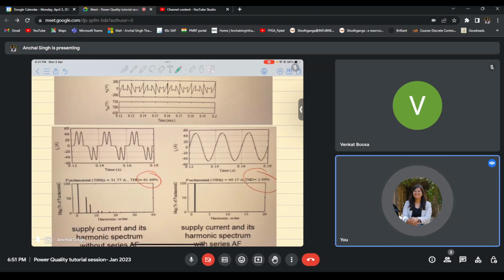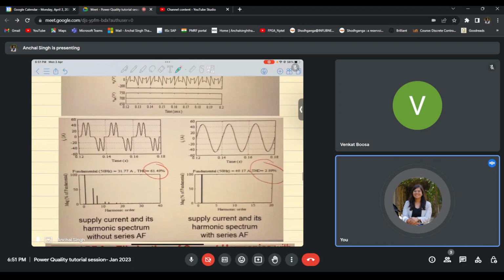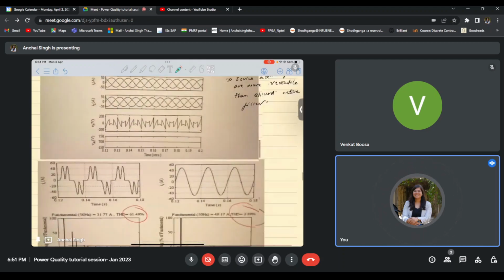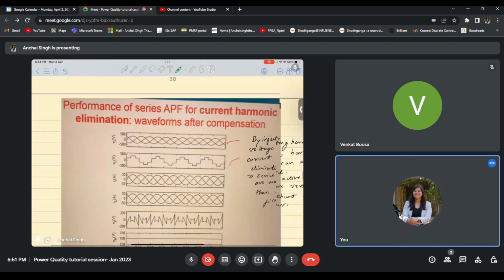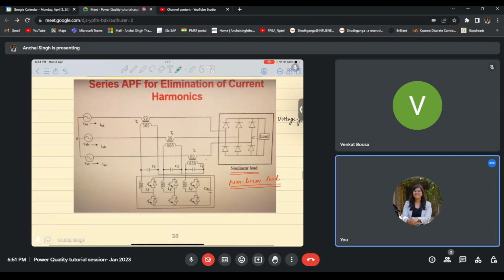Depending on whether your application has dominant current harmonics or dominant voltage harmonics, you decide which kind of compensator to use and which algorithm to use. Those starting points come from the particular case, and on those you decide which kind of series filter you need. The series filter that you can see here is for current harmonic compensation.